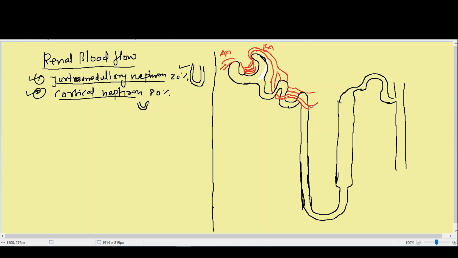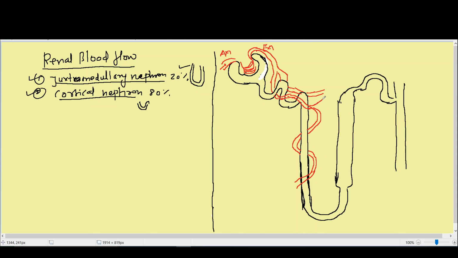The one branch leaving from here moves in the downward direction as the vasa recta towards the downward side.